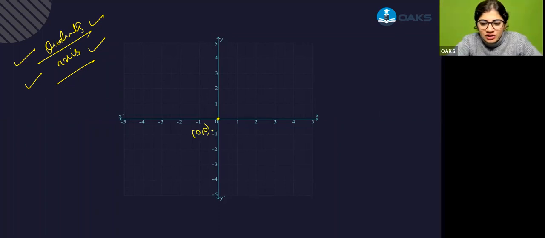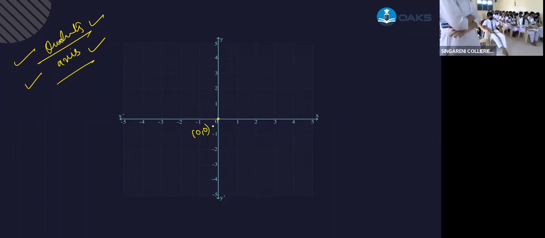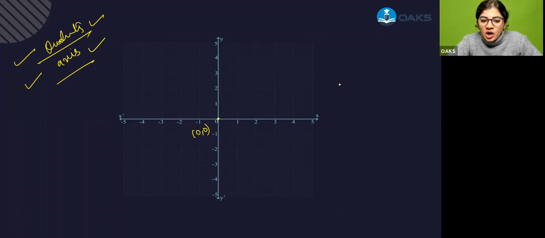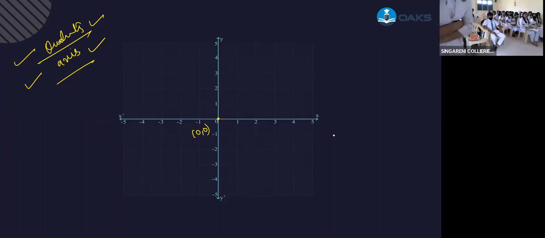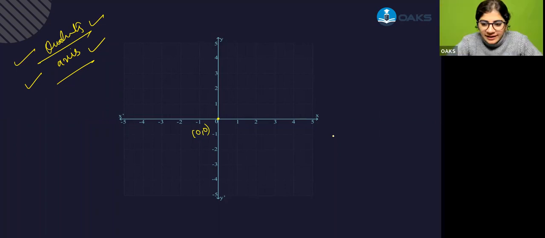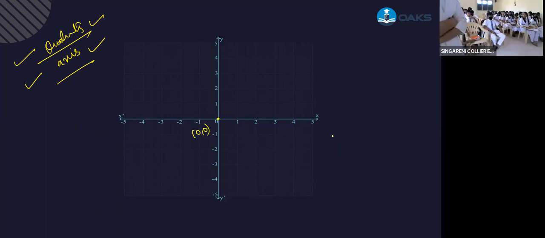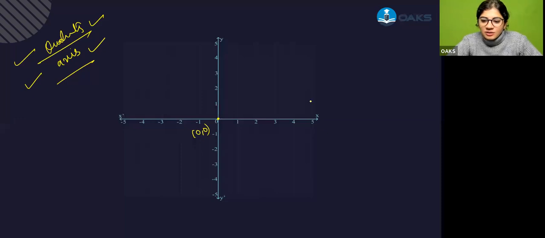Kindly tell me the location of this point. No, madam. Okay, you do not know. Can you tell me whether it is lying on any of the lines or the axis? X-axis and Y-axis both, right? Yes, that is the correct answer. You can sit down, clapping for you.